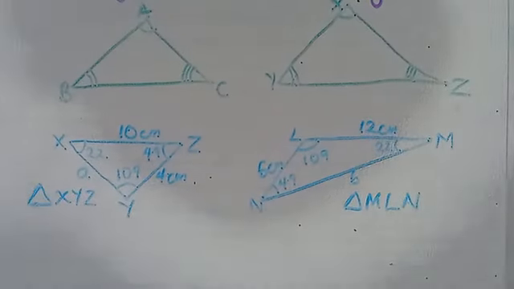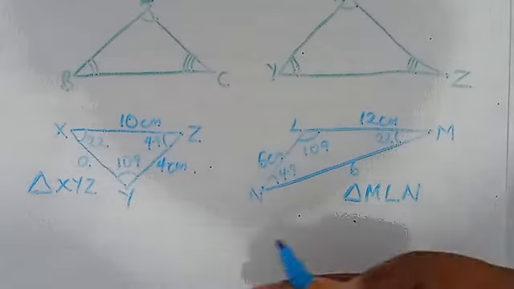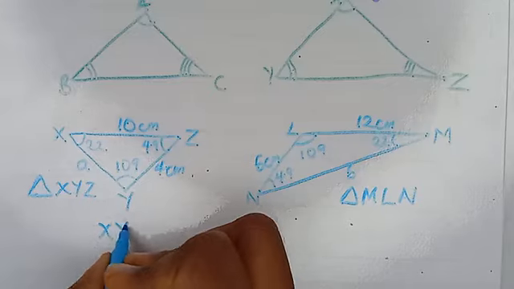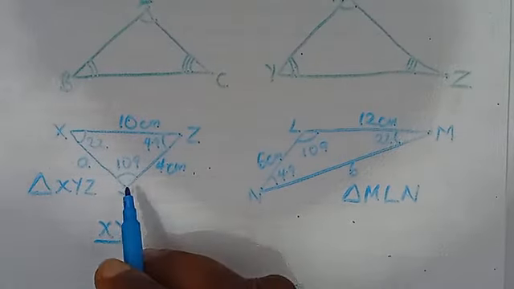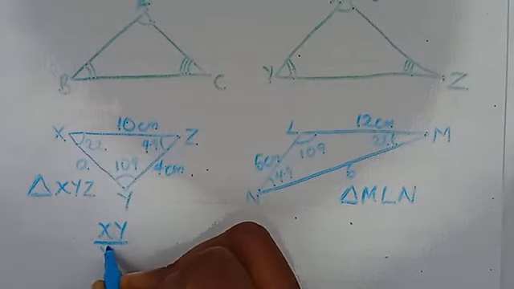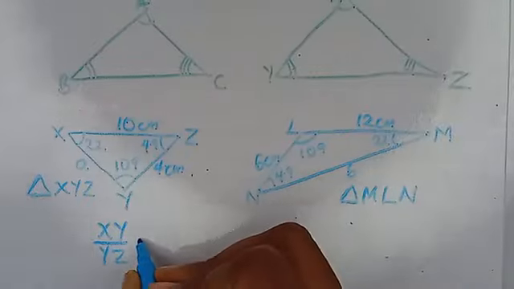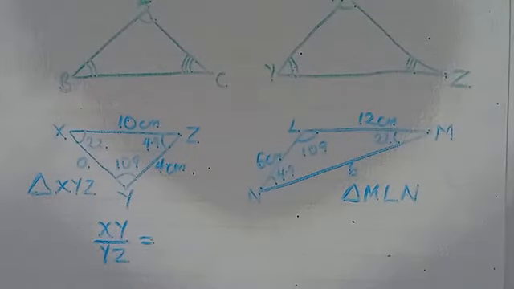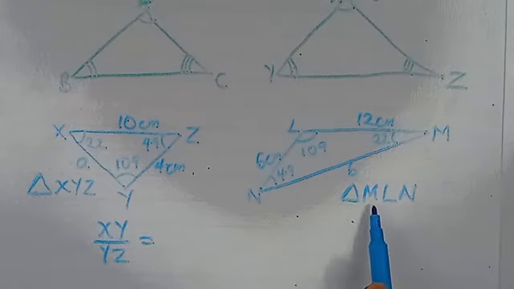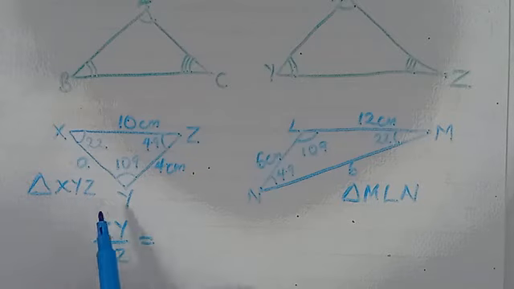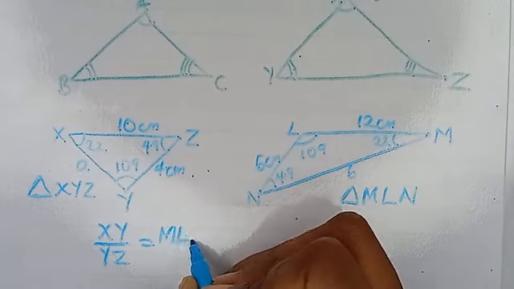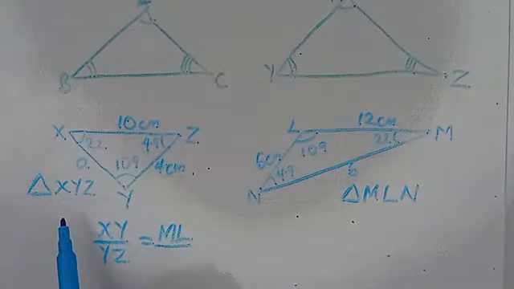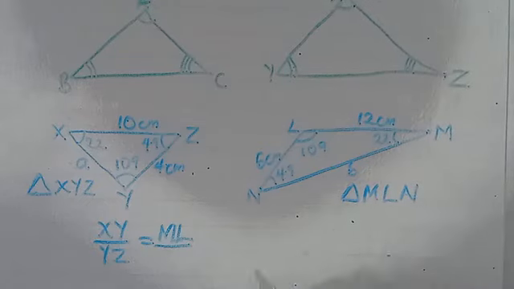So we are going to say XY over this side that we know, which is YZ, is equal to, since we said XY, if we are to name a side correspondingly, we have to say ML. Did you see it? XY, ML. Then we said YZ, that means LN.